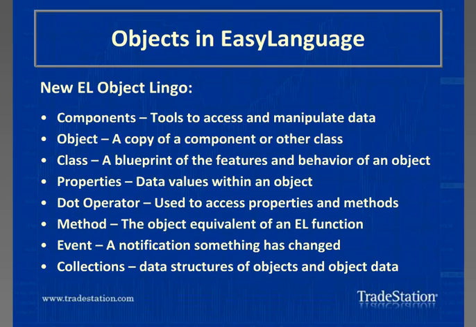I can reference the close of the current bar, or I can reference the close of one bar ago. But that lives in a collection of closes that is managed by the object. So when I request the data, the object creates a collection of closes. It creates a collection of highs. It creates a collection of lows, all relative to each other, all managed just like multi-data is managed within a chart, so that I can manipulate that data just like I would manipulate a multi-data element within the chart.